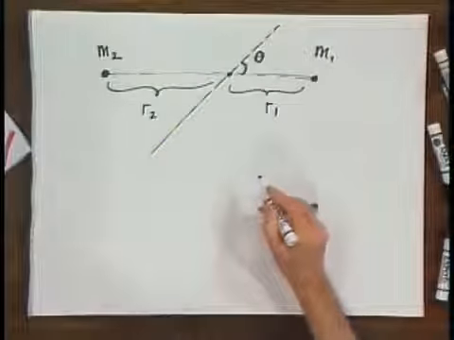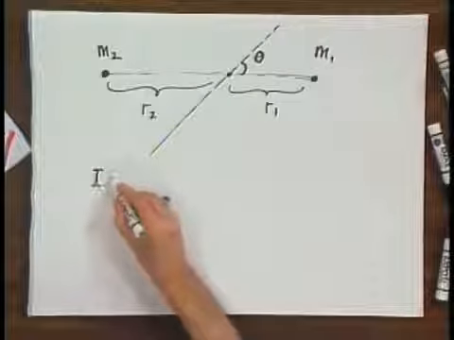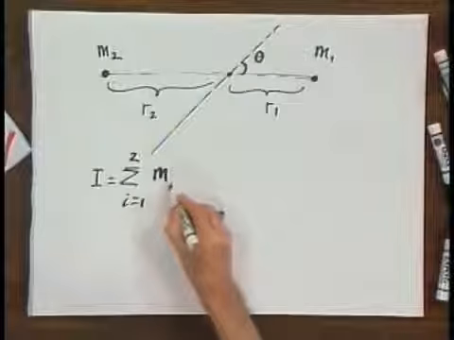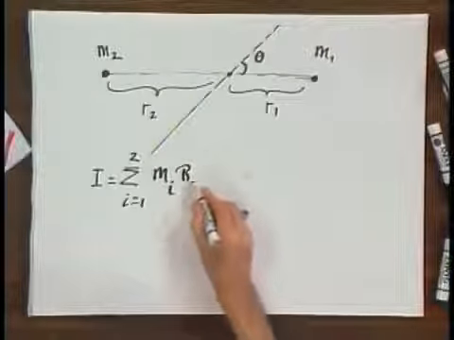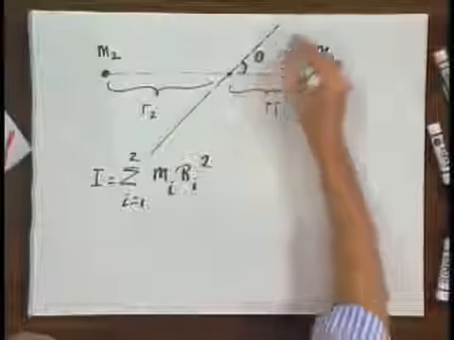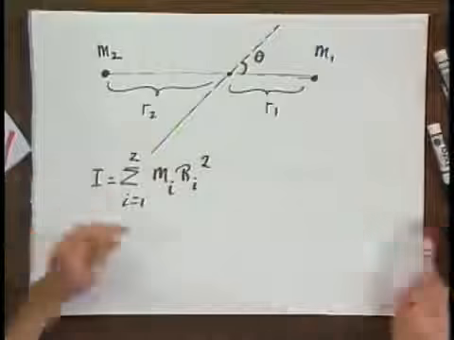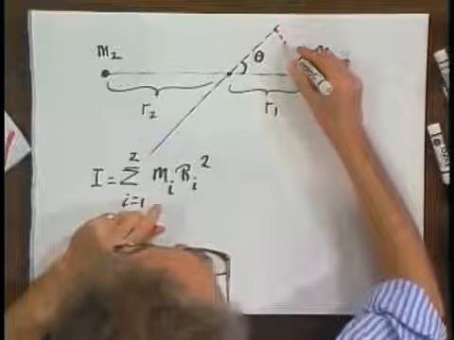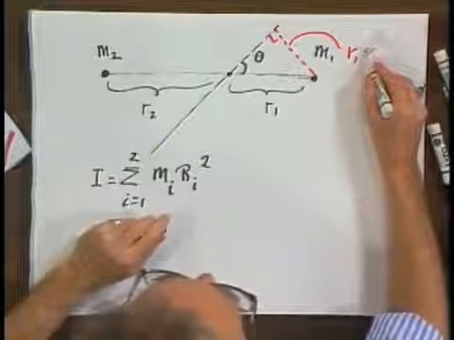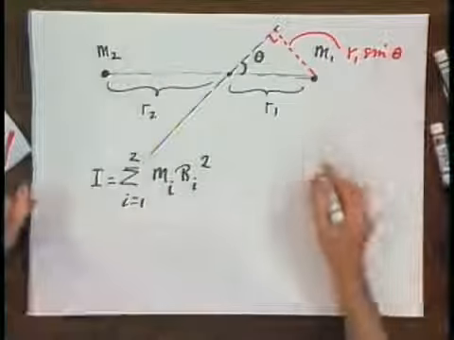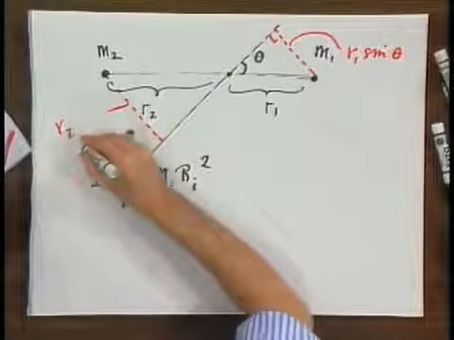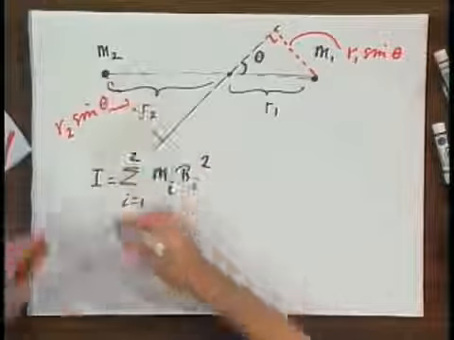I now have to remember that I equals the sum, i equals 1 to 2, of m_i times r_i squared. But r_i is the distance from the mass to the axis of rotation. That distance is this, for 1, and this equals r1 times the sine of theta, and that distance here equals r2 times the sine of theta.